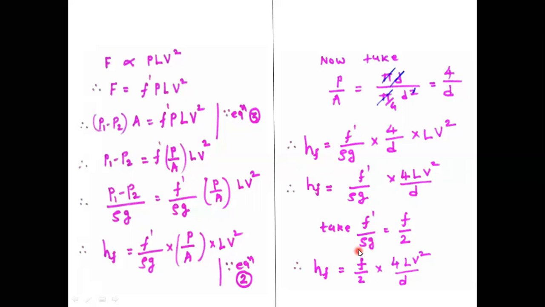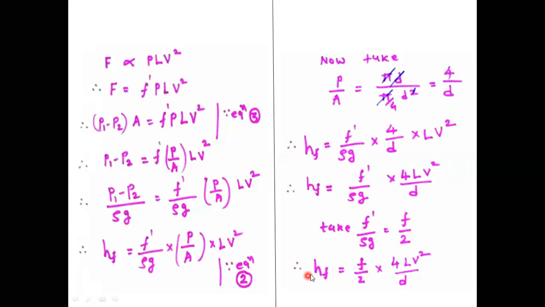So F dash by rho g is a constant, and one constant can be replaced by another constant. So I take a new constant f by 2 instead of F dash by rho g.